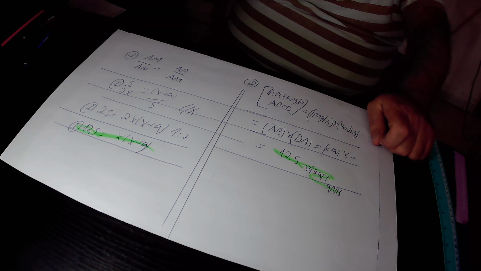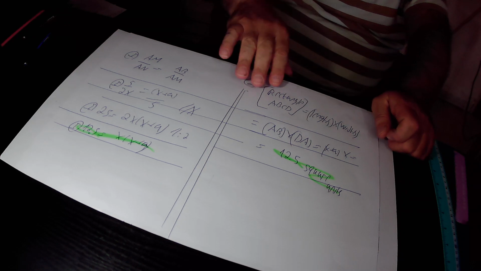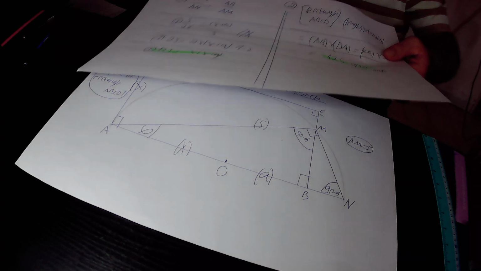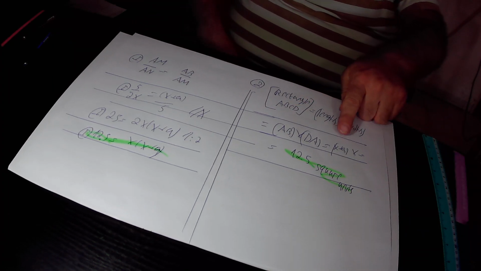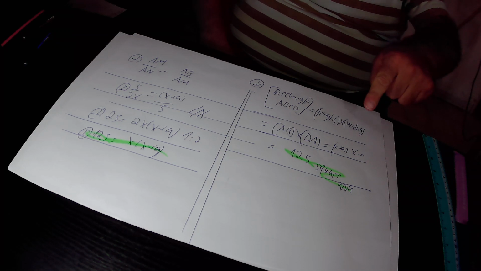So in total, the area of rectangle ABCD must be equal to AB times DA. AB is x plus a, and DA is x. So the area of rectangle ABCD must be equal to x plus a times x.